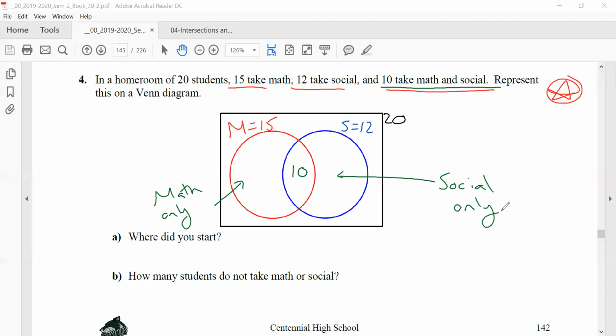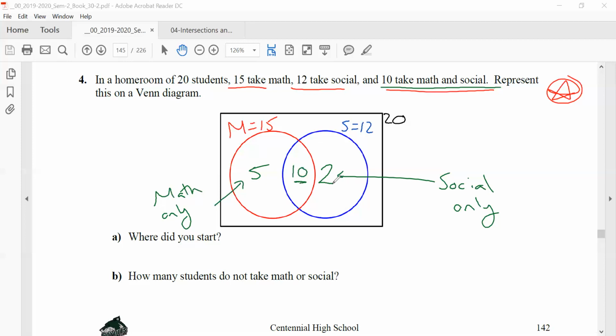Well, if there's 15 people in the math and there's 10 people taking both, well, that means there has to be 5 people left over. 5 plus 10 is 15. I've got 15 people. For social, there's 12 people that take social, but there's 10 that are taking both. So that means there has to be 2 people who are taking social only.